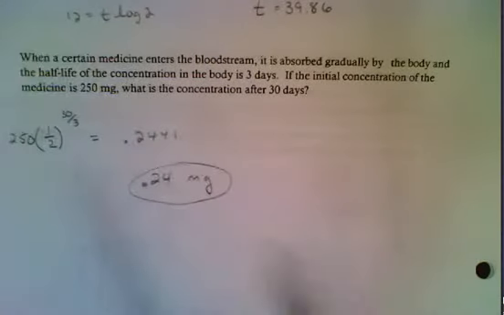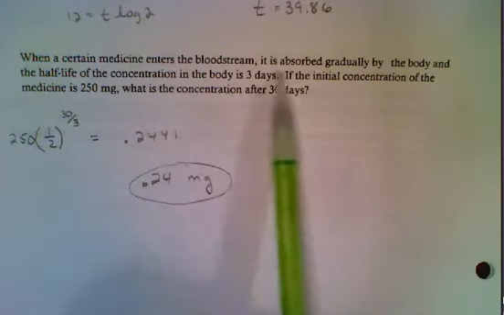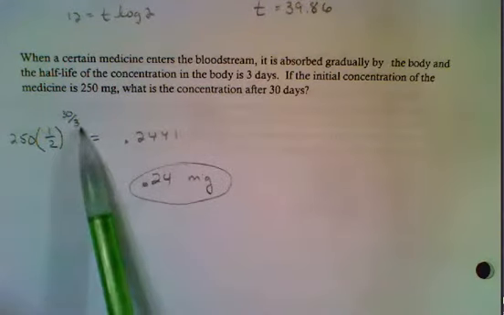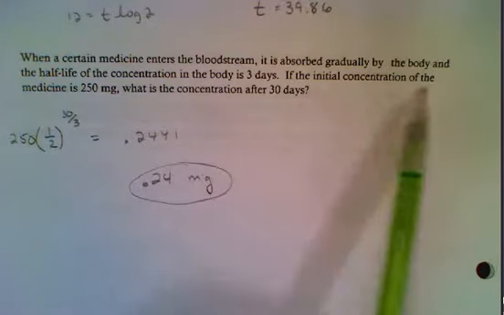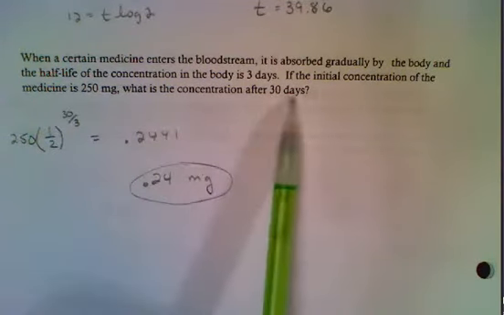All right, 6. Number 6 says, a medicine enters the bloodstream, it's absorbed gradually by the body, and the half-life of the concentration is 3 days. So there's my half-life, 3, that's N. If the initial concentration of the medicine is 250, what is the concentration after 30 days?